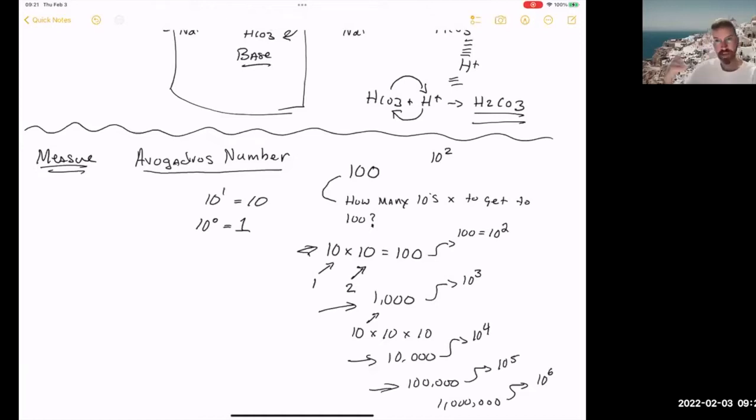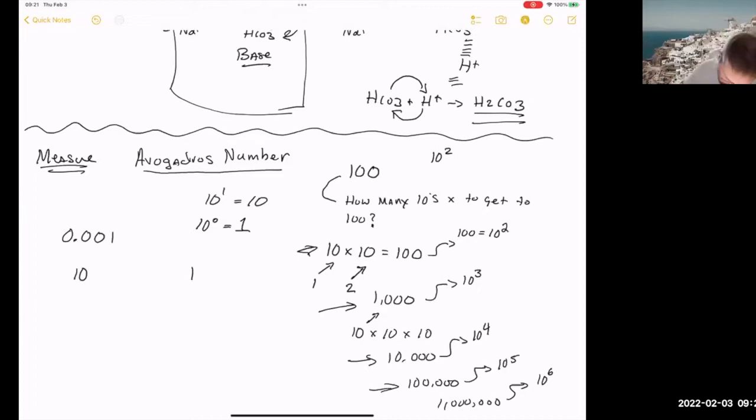And I can do the same going in the other direction for numbers smaller than 1. For example, 0.001 can be rewritten as 10 to a negative power, because the decimal point is moving in the opposite direction.